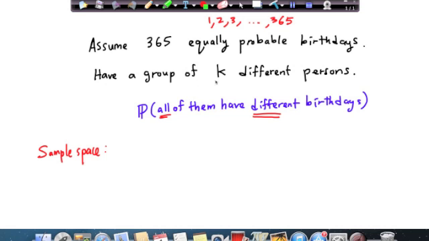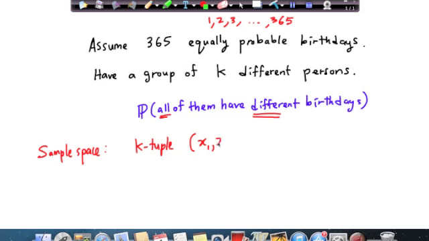Well, there are exactly k different persons, and we can write down their birthdays in a k-tuple. Meaning the first entry of the k-tuple will be the birthday of the first person, given by x1, where x1 is one of the numbers 1, 2, up to 365.